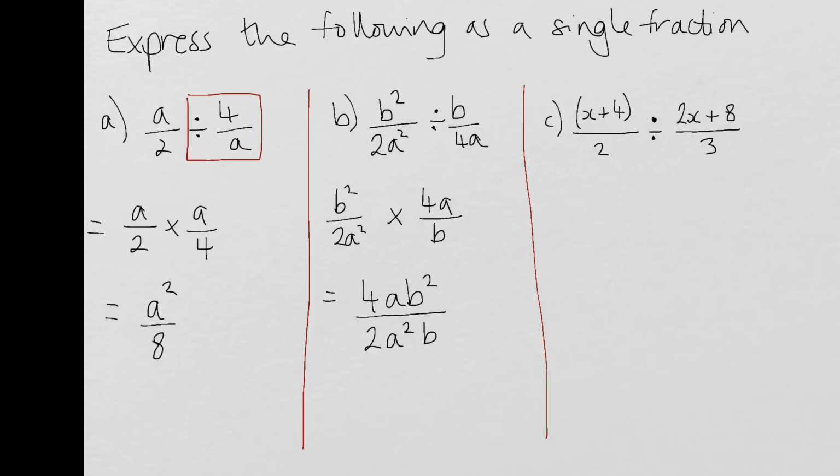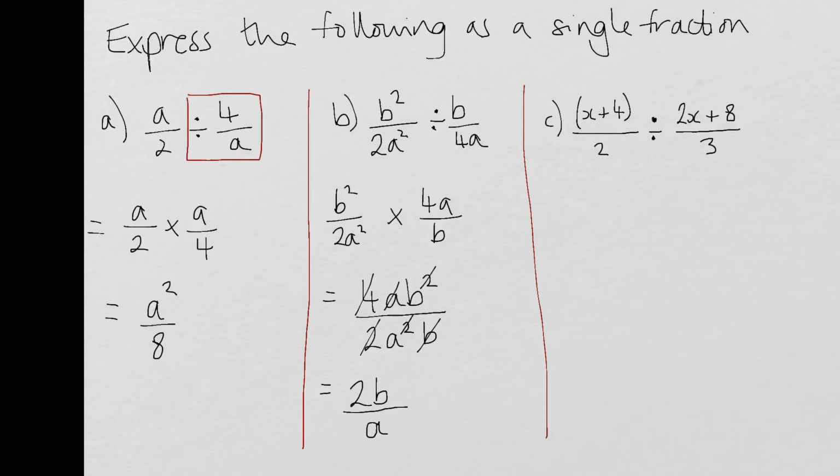So let's go through cancelling one bit at a time. The 4 divided by 2 gives me 2. The a cancels with the squared part, but that means that the a that we're left with is in the denominator. And the b cancels out with the squared part, and we're left with the b in the numerator. So you can leave your answer like that. And that's as far as it can go.